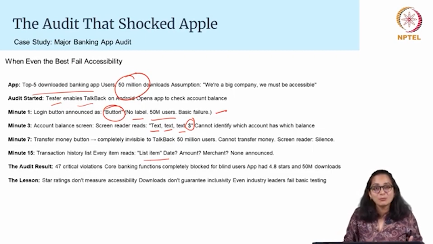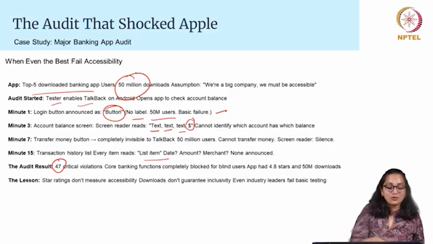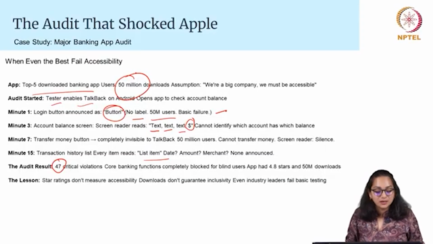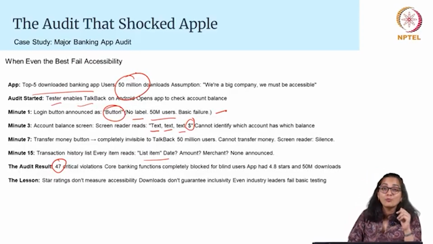There's no date, there's no amount, there is no who it is being transferred to or transacted at. The audit result was that there were almost 47 critical violations, core banking functions completely blocked for blind users. The app had a 4.8 star rating on the Apple Store or the Play Store, and there were 50 million plus downloads.